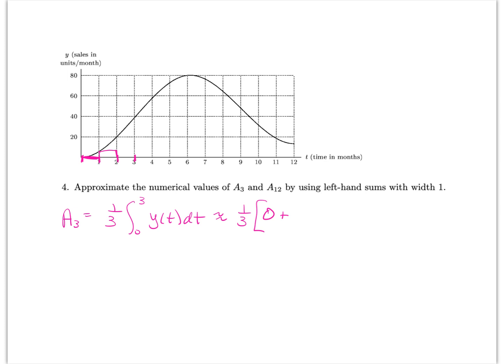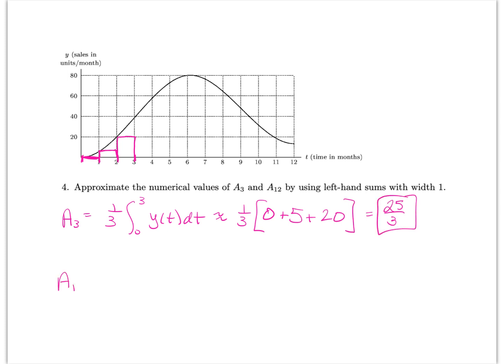This second rectangle looks like it has area 5, like a height of 5, base of 1, so 5. And then my next rectangle is definitely at a height of 20. And that's it, there's only 3 rectangles. So this is a third of 25, or 25 thirds.